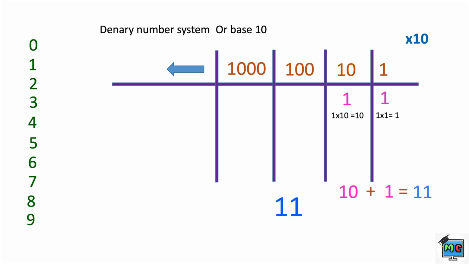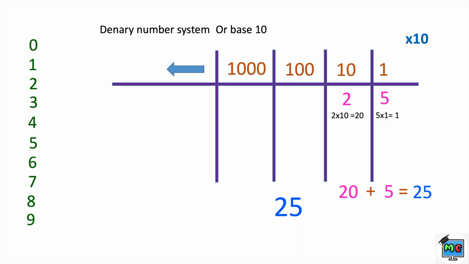If I want to write, for example, 25, how many lots of 10 do we need? 2 lots of 10, plus how much more do we need to make 25? 5 lots of 1. So we put 5 in the units. 25. This is how we do our number system.